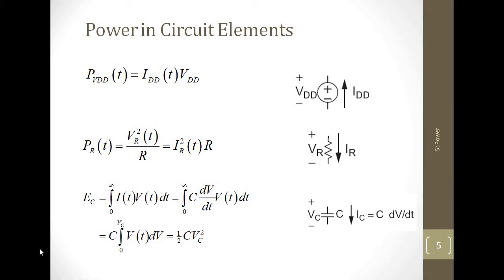Power in circuit elements, you all know. If I consider a constant DC voltage source, it is IDD into VDD, the one shown here.